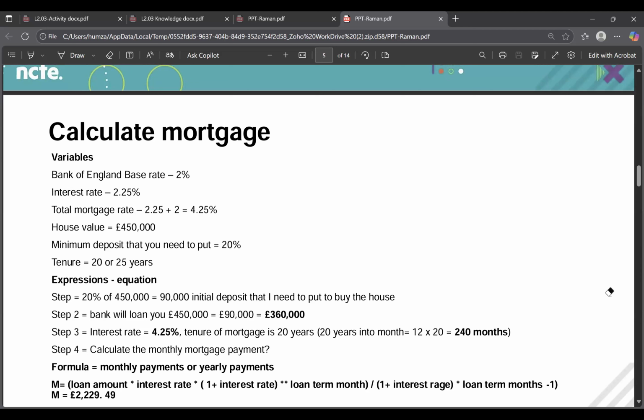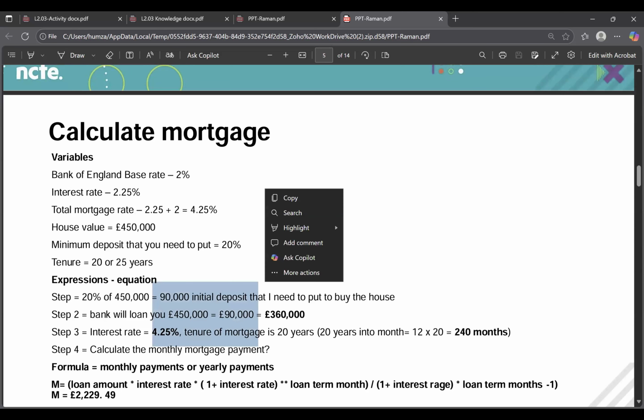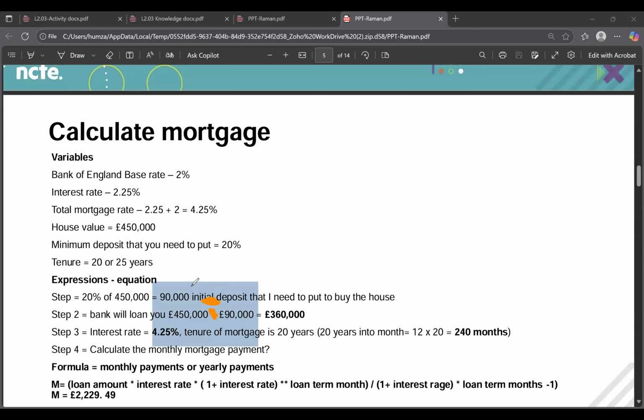The bank will loan you 450,000 take away 90,000, which equals 360,000. The interest rate, like I said before, is 4.25%. The tenure of the mortgage is 20 years. So 12 times 20 equals 240 months.